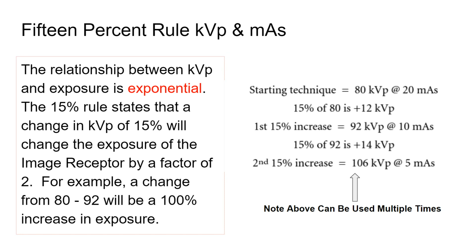If I say double isn't even going to do it, I think you need to quadruple your mass, well, instead of actually quadrupling your mass, you could go up in kV 15% and then 15% again. You can do it twice. Does that make sense? Okay.